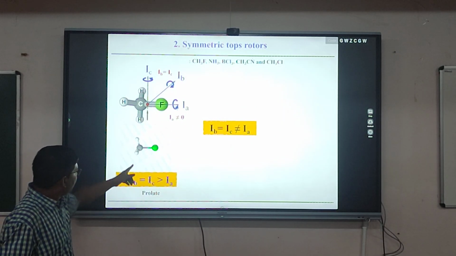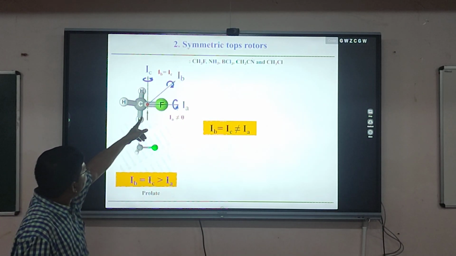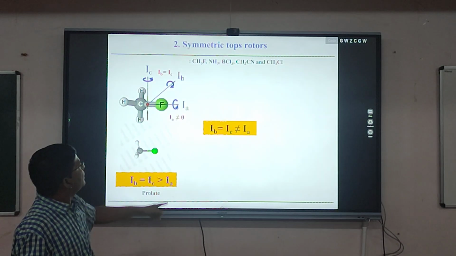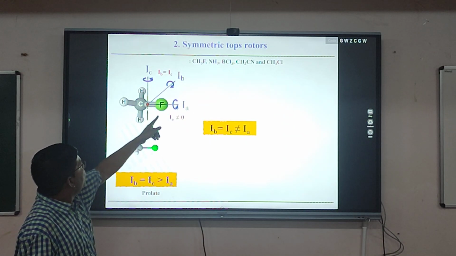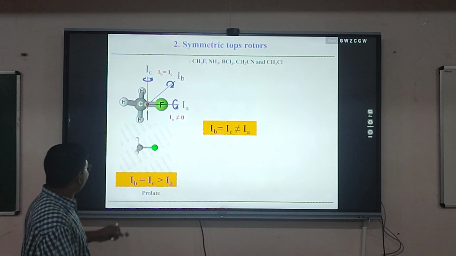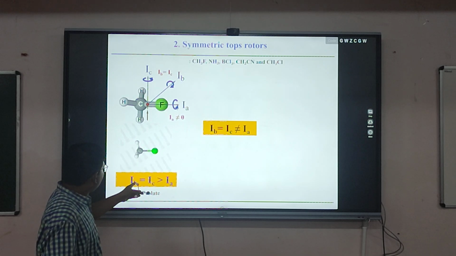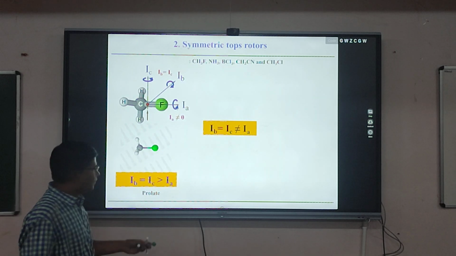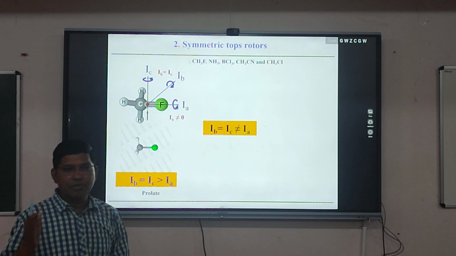So if you are rotating this methyl chloride, there are types of rotation.